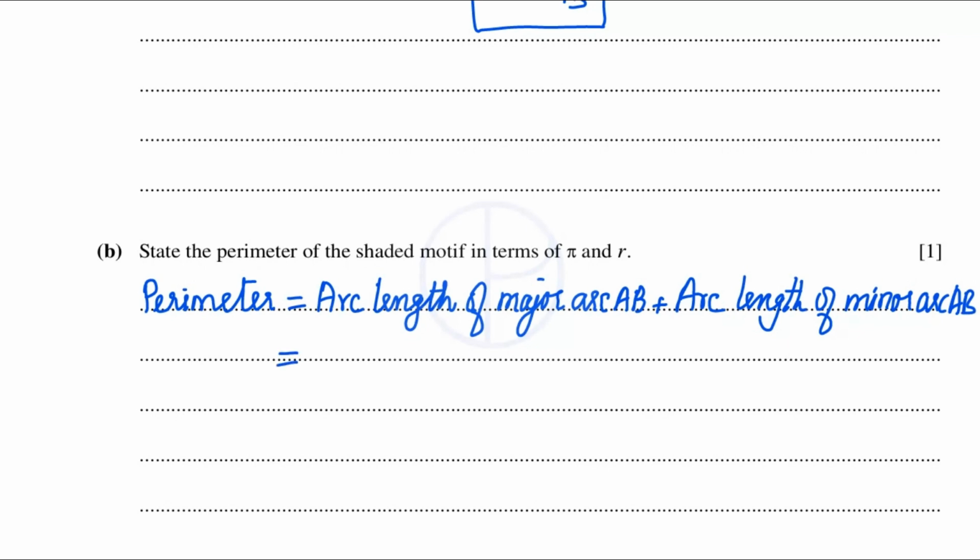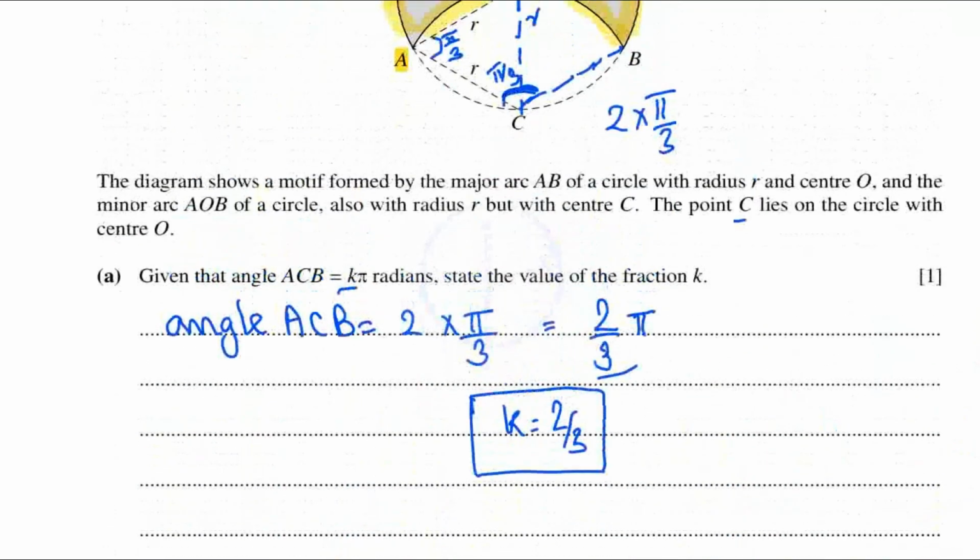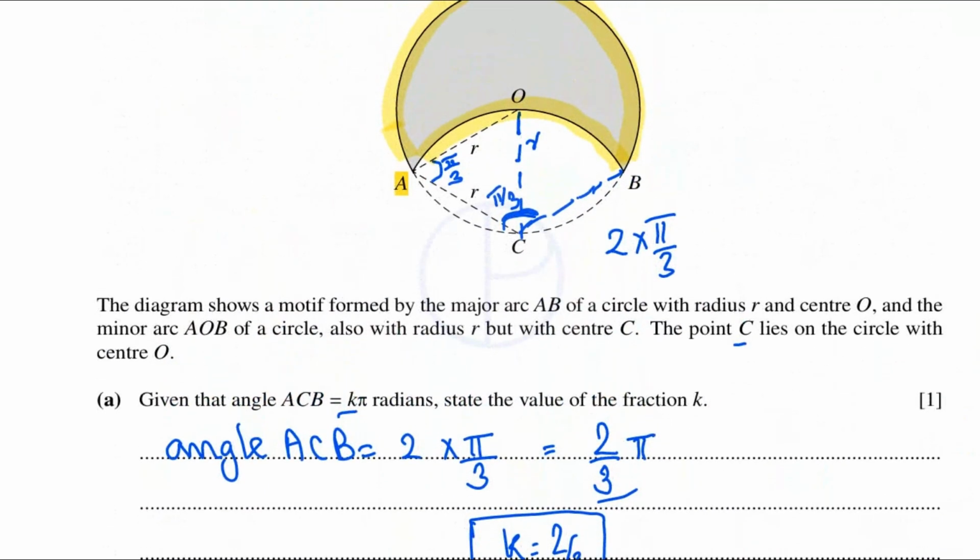So the arc length of major arc AB is r times the angle theta. So you need to take this angle, this part, which is equal to 2 pi over 3.